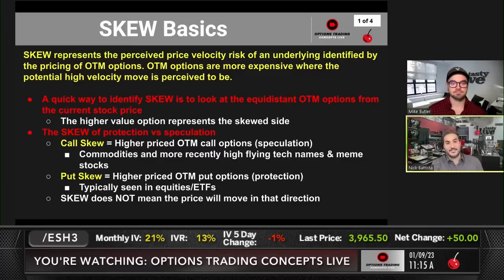It doesn't mean that the stock is going to move that way, or that it moves that way in terms of velocity in the short term. It doesn't necessarily indicate where the stock is going to go. It's just a representation of where speculation and hedges are being priced into that underlying.